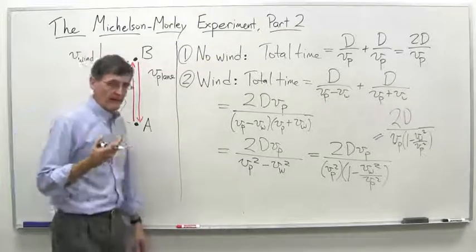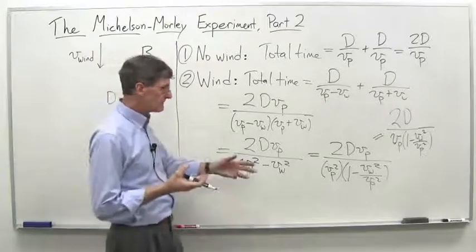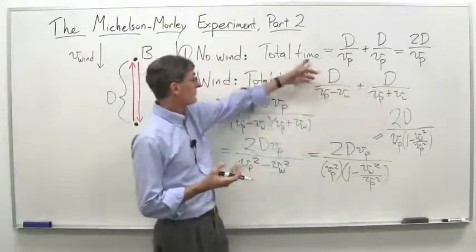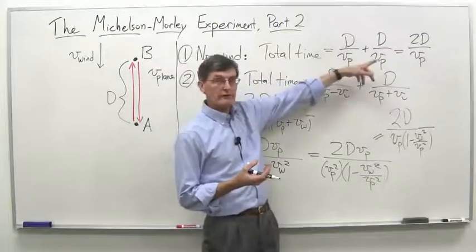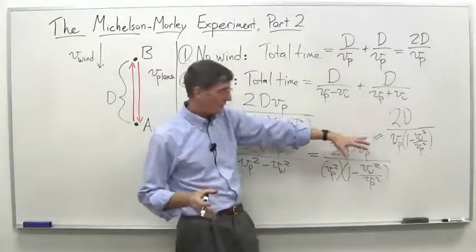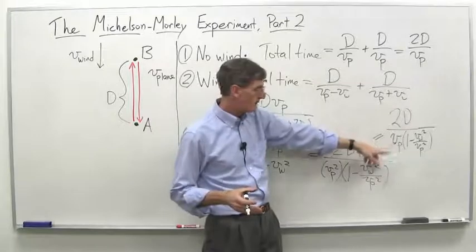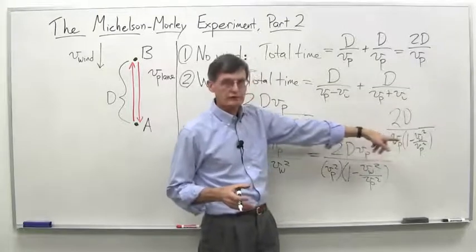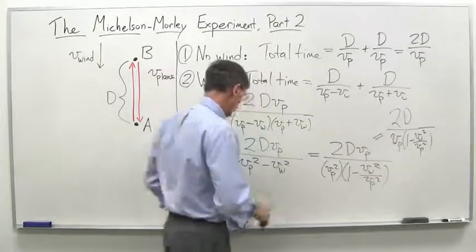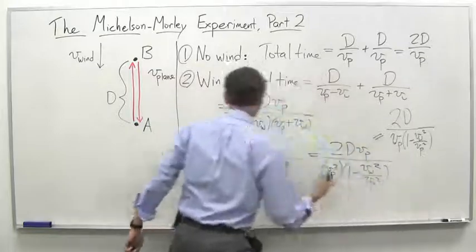Another reason we did this is now we see, going back to the total time with no wind, it was 2d over Vp. I sort of almost have that. I have a 2d on the top in the numerator, a Vp on the bottom, but I've got that extra term there. And so let's just rewrite it so we can look at it closely here.